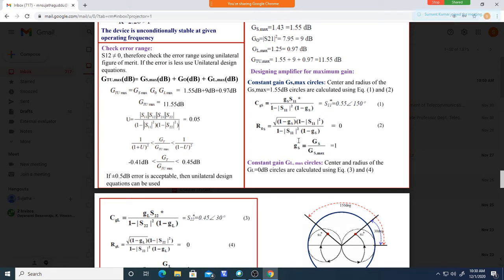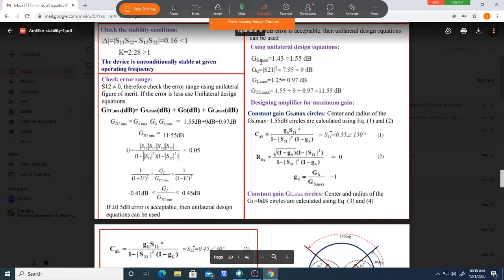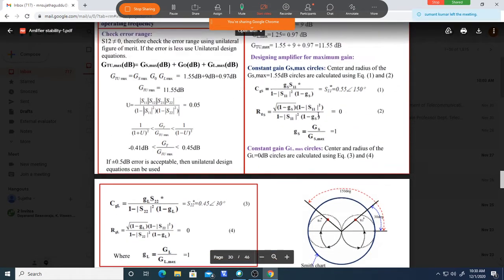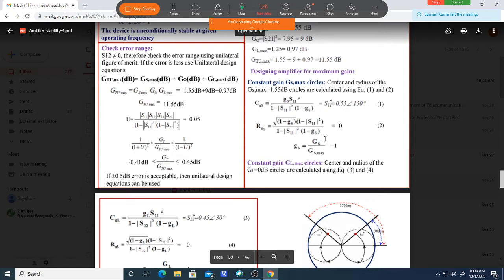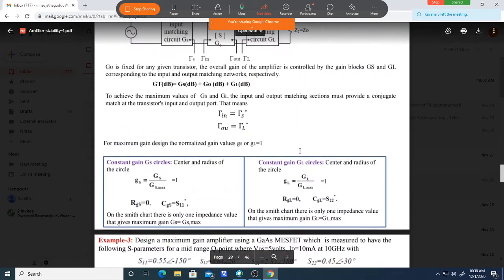It is a maximum gain amplifier, so GS maximum is 1.55, and this entire value itself is taken. But in the previous problem, the high gain amplifier, what did we do? We took only 2 dB.